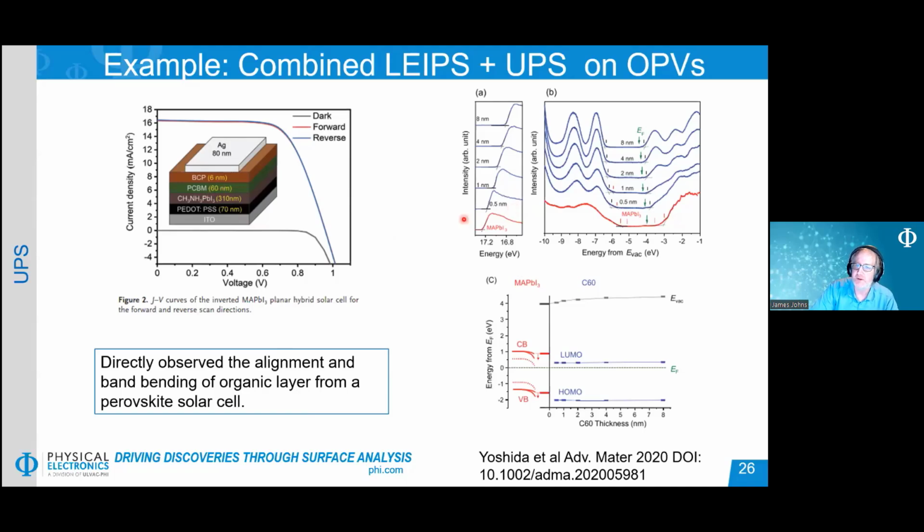He wanted to look at what that charge injection barrier is and what the band bending looks like. So he took a layer of the perovskite and then deposited fullerene layers on top of that and looked at how the band structure changed relative to both the vacuum level and the Fermi level in that system. And so they could directly get the band bending and charge transfer barriers. So it's a really powerful combination of techniques that do something that you can't do through any other technique.